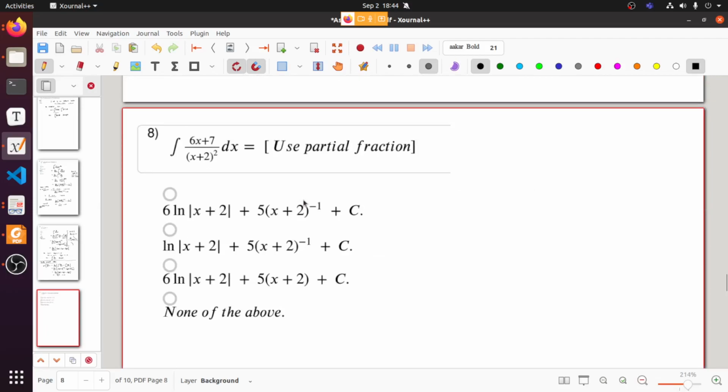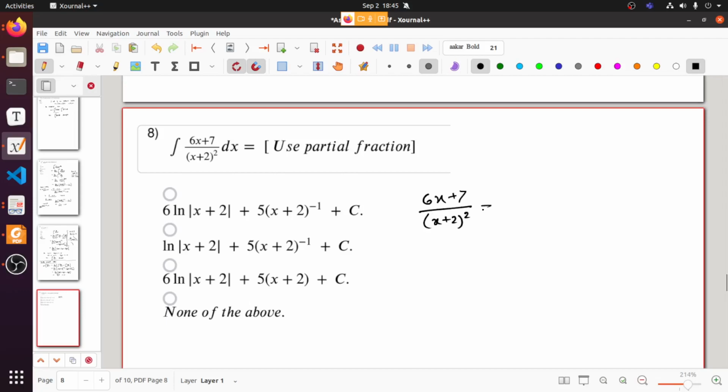Question number 8. You have to find the integration of (6x plus 7) by (x plus 2) whole square using partial fractions. So what does it mean?